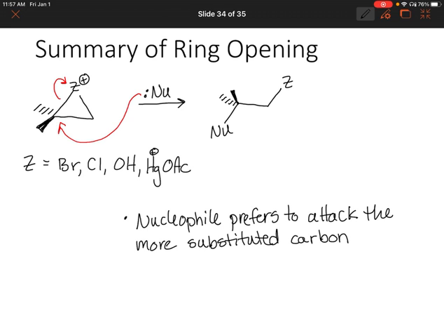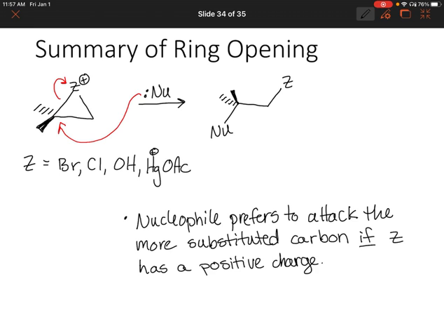Now, I am going to add a little caveat here. This is only if Z has a positive charge. This will come up later, so for now, just know that the nucleophile will attack the more substituted carbon. There's always exceptions in chemistry, right?